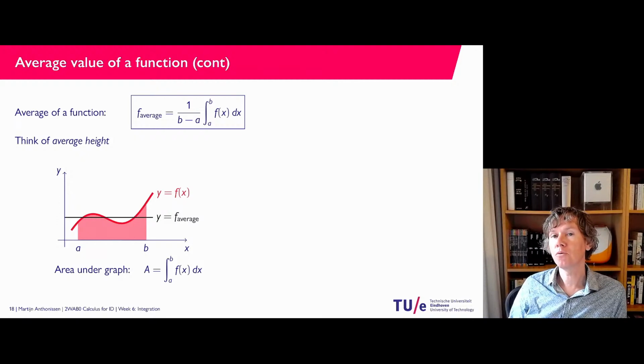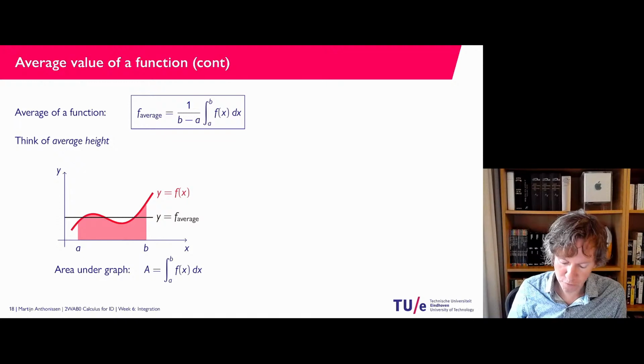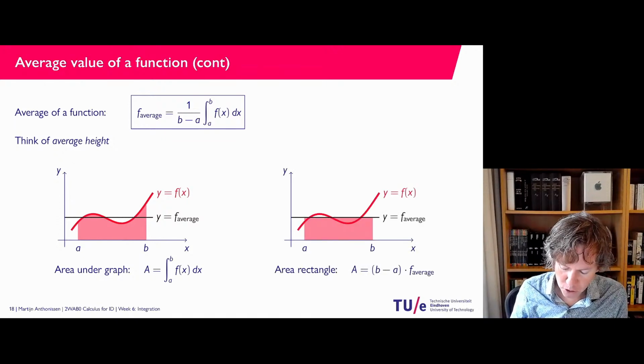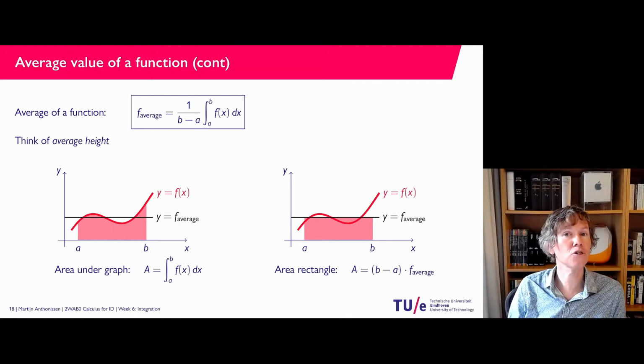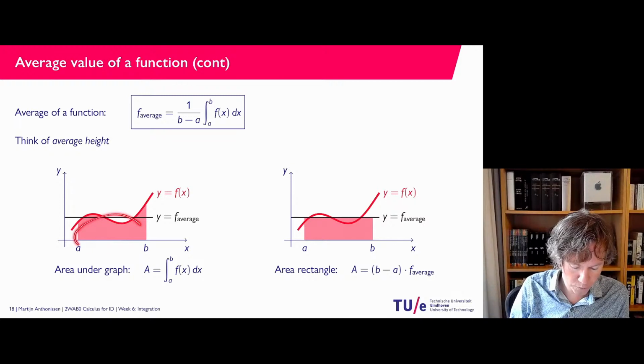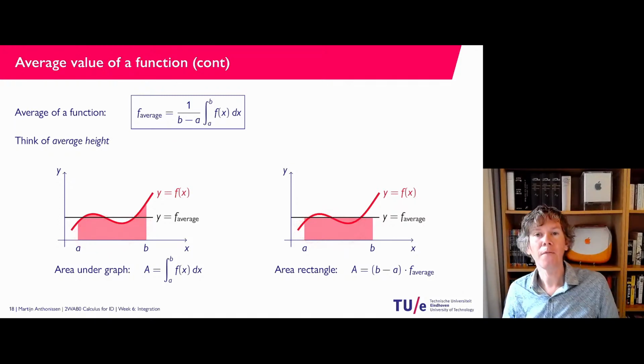Now, if you look at the definition of average that we have derived from the previous slide, then basically what that means is that the rectangle that you see here in the right picture, that has length b minus a, and height f average, has the same area. So the red region here on the left and here on the right, they have the same area.